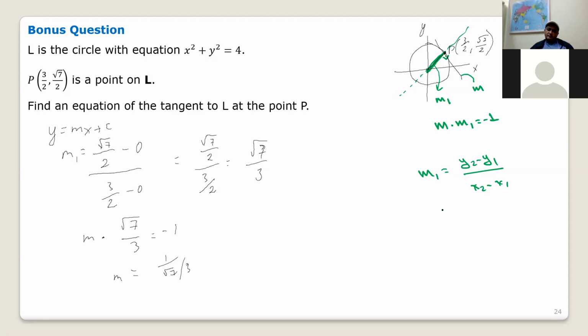Minus, right? Yeah, why don't you just write 3 over square root of 7? Oh, yeah. Minus 3 over square root of 7. Okay. So now we got m. Now how can you find c?